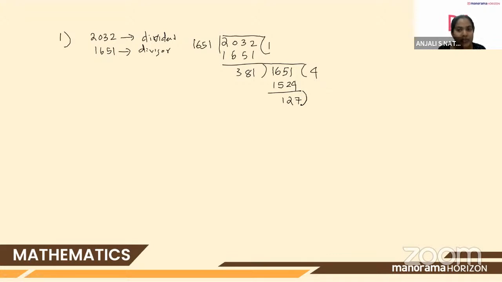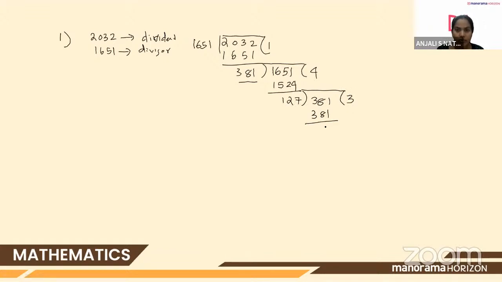So in the next step, take this divisor 381 as the new dividend, and the new divisor is our remainder, 127. So 127 into 3 gives 381.